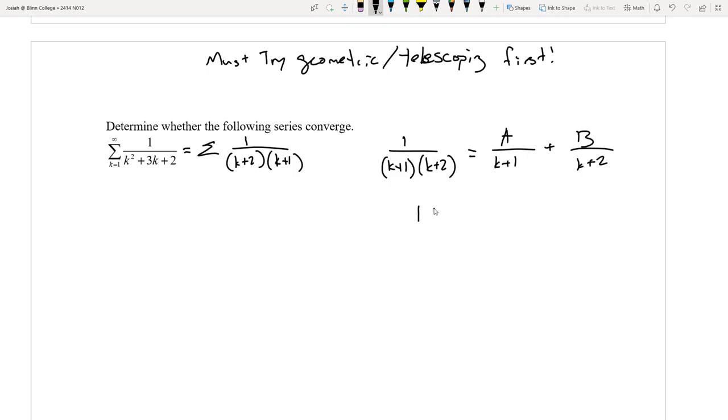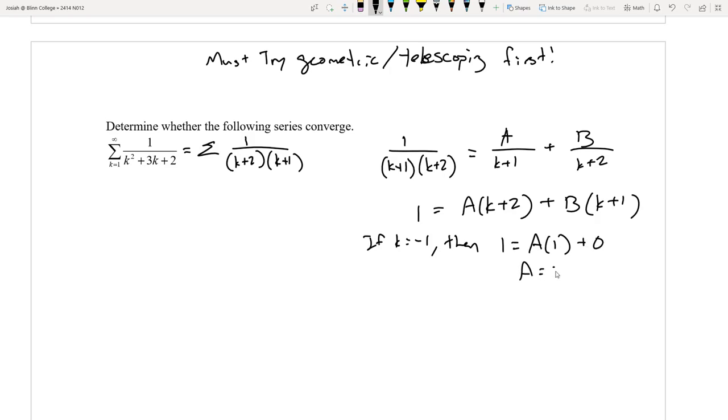So we clear our denominators. And then we have b times k plus 1. If k equals -1, then we've got, let's see, 1 equals a times 1 plus 0. So a equals 1.